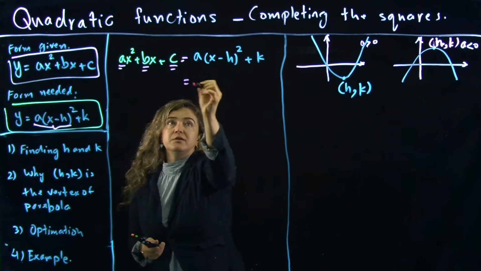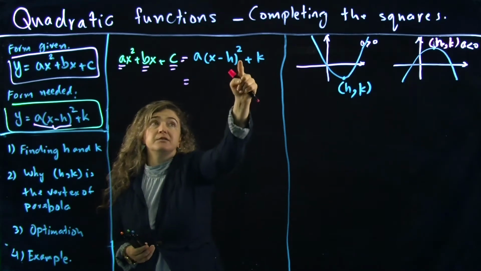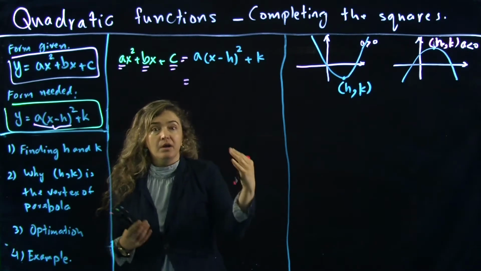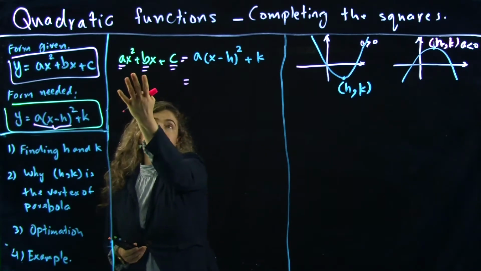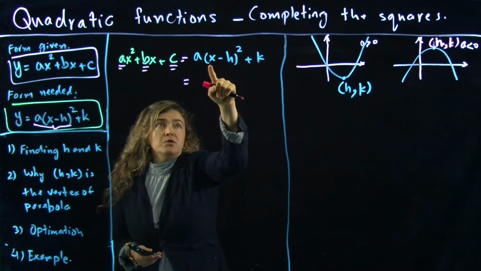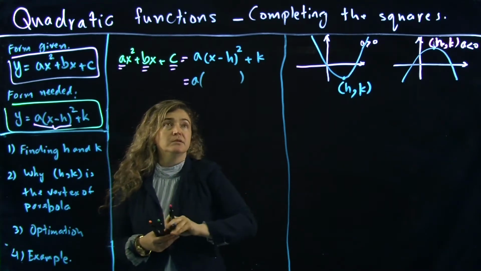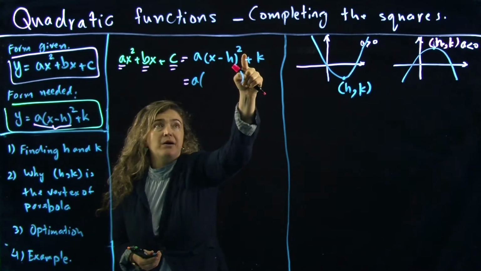So if I convert this side, I need to get rid of this x minus h, the binomial term that I have in here, and make it into the quadratic form. So use a binomial expansion. That's x minus h to the power 2.